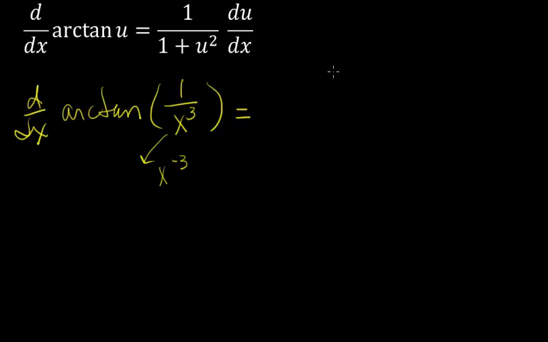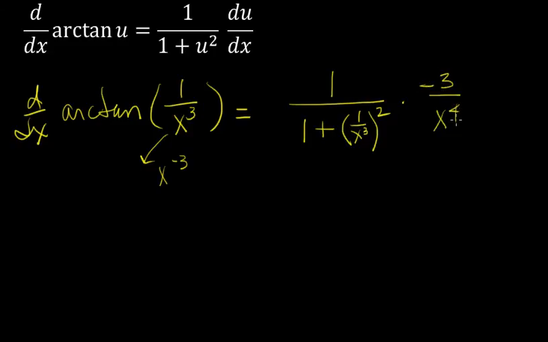So the derivative of arctan is 1 over 1 plus u. Now, I would change this just to x to the minus 6, but you can just plug it in like that if you want. 1 over 1 plus u squared times du dx, which is minus 3x to the minus 4. So that's minus 3 over x to the 4th.